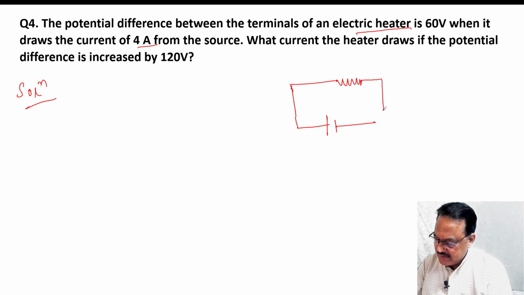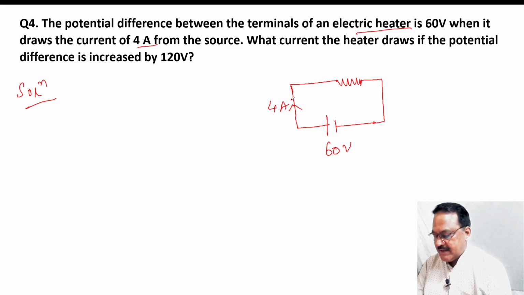In first condition, the voltage across this point is 60 volt, right? And current flowing through this circuit is 4 ampere. Means the electric heater is drawing 4 ampere of current when the voltage is 60 volt across these points. So we can calculate the resistance value of this electric heater.